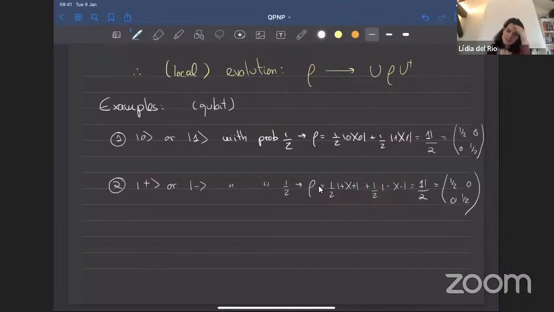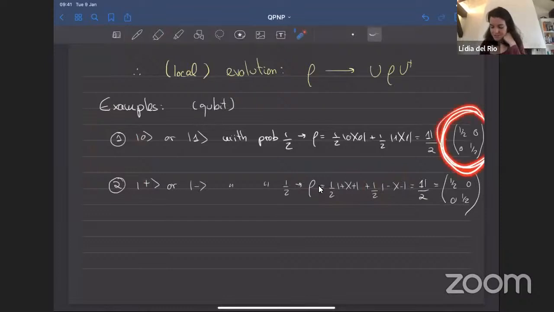And what does it mean that it's the same matrix? It means that if I'm in either situation 1 or situation 2, I'm given one of the 2 machines and I'm told, well, try to guess which one it is. I cannot guess with probability better than guessing at random, right? Because this object here is sufficient to compute all the probabilities of all experiments I can perform on this one qubit.